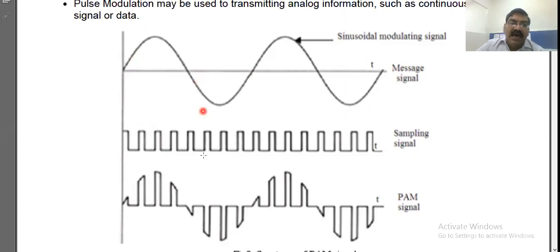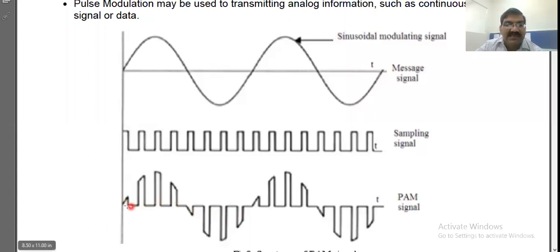Now, suppose this frequency is 1 kilohertz. So what will be the frequency of the output? Obviously, it is 9 kilohertz. I'm talking about this example. It is not a thumb rule. It is not true for everything. It depends on how you are taking the sampling frequency.